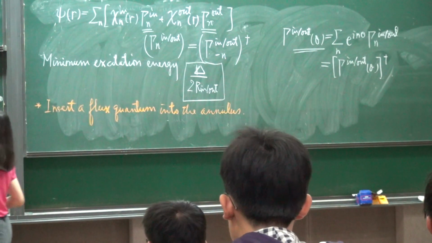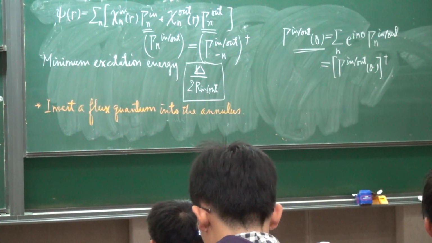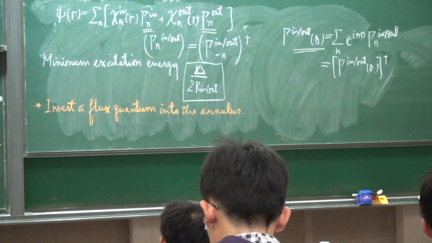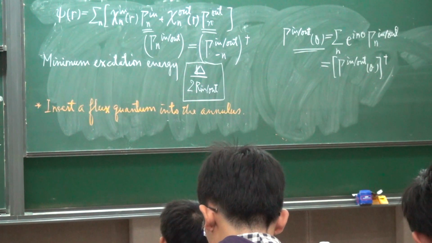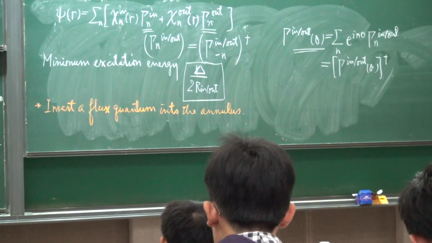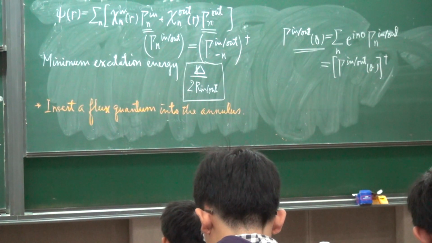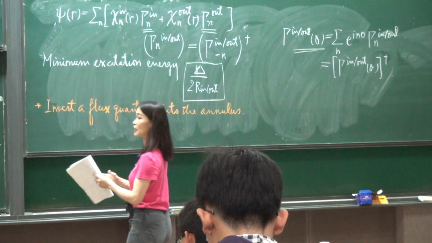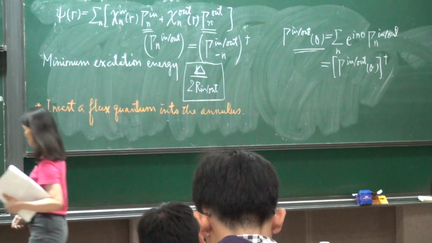And then when you insert one flux quantum, when you go around this, in this case you have an anti-periodic situation when you go around. You pick up a negative phase, because your angular momentum is 1. But now if I have an extra flux in there, it becomes a periodic situation. So it's no longer anti-periodic, and my energy spectrum is going to be different.